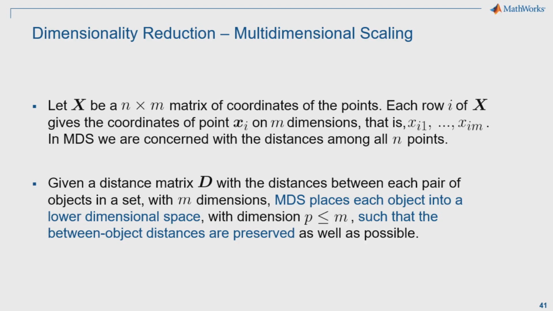So as you can understand from these words, with respect to the case of PCA, we are not interested anymore in just finding axes in which the projections are minimized.